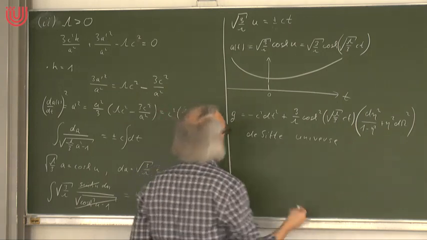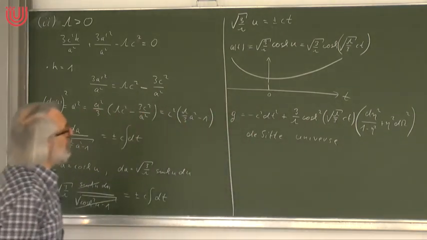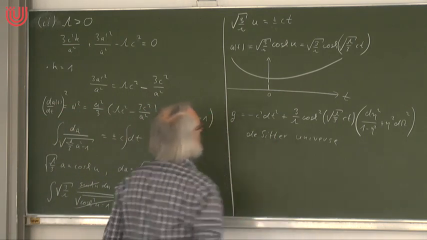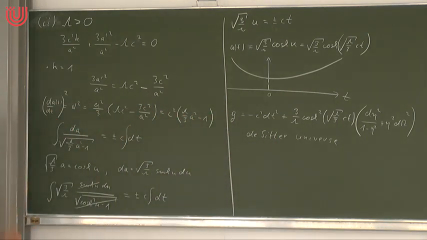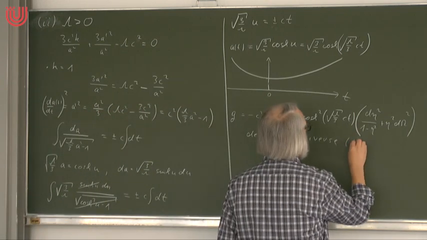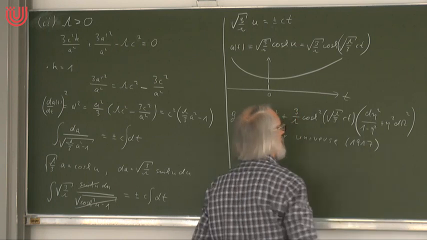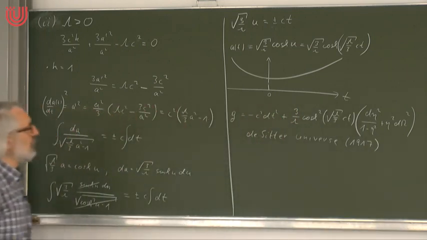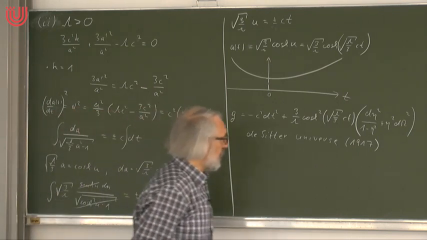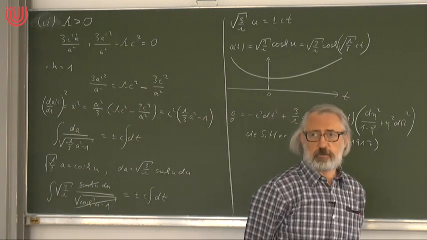It was found as a solution to Einstein's field equation with a positive cosmological constant by the famous Dutch astronomer Willem de Sitter, who also in later years played an important role in the development of cosmology. Later he wrote a paper together with Einstein where they invented what is called the Einstein-de Sitter universe.